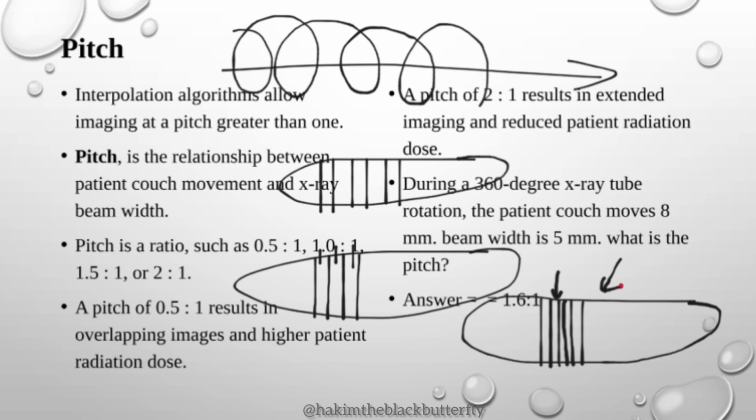Like the brain needs a lot of spatial resolution to be well visualized. That pitch is very important in head CTs, though it increases the patient's radiation dose because some tissues are exposed more than once.